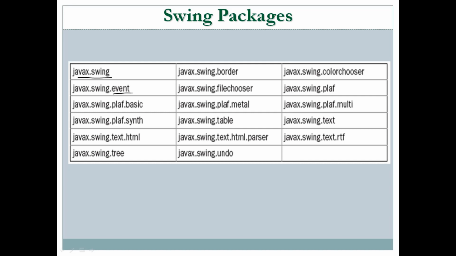We also have packages like plaf.basic. The plaf is the pluggable look and feel package, so the look and feel of a Java component or application can be changed at runtime by using these predefined packages. These packages provide predefined sets of classes which can be used to create an interactive GUI.